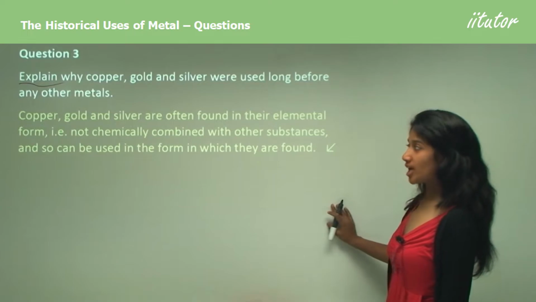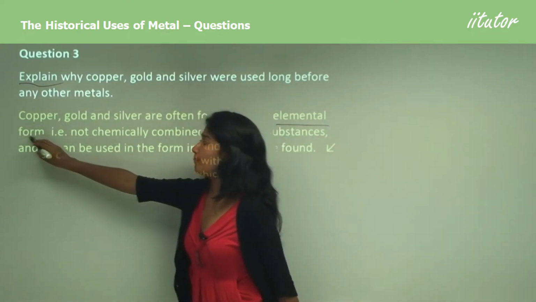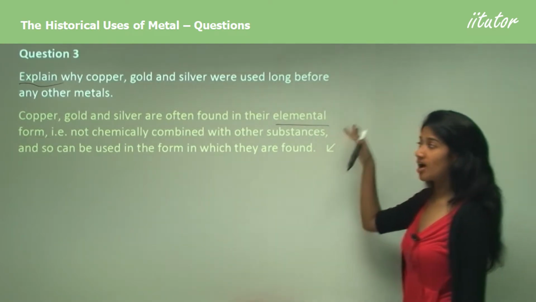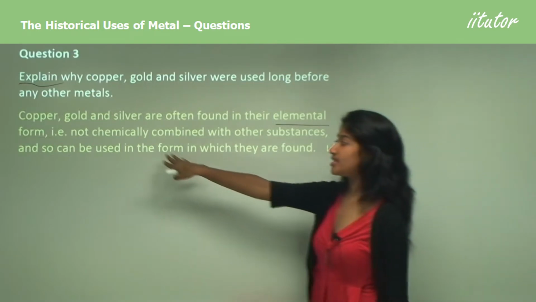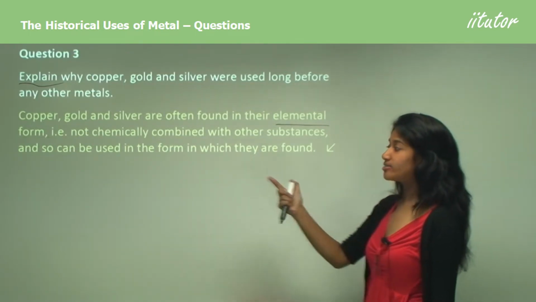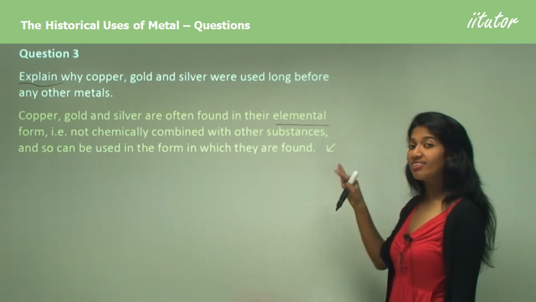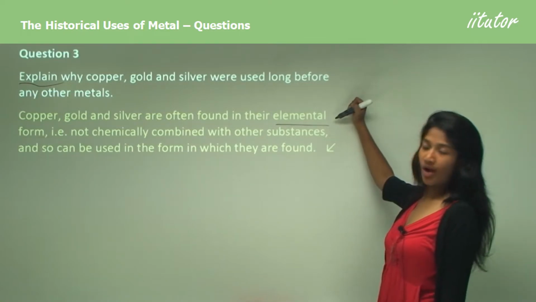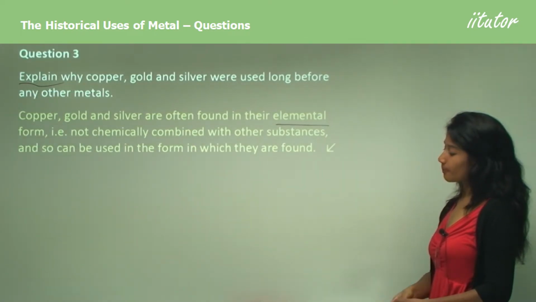Well, what's so unique about them is that they are found in elemental form. Because the question asks to explain, you need to give more detail, and that is why you would provide this: not chemically combined with other substances, and so can be used in the form in which they are found. And that is why they were used long before any other metal, because they were found in their pure form.